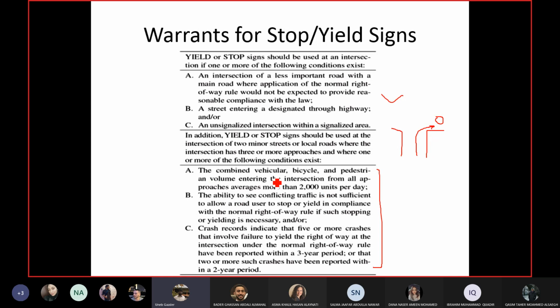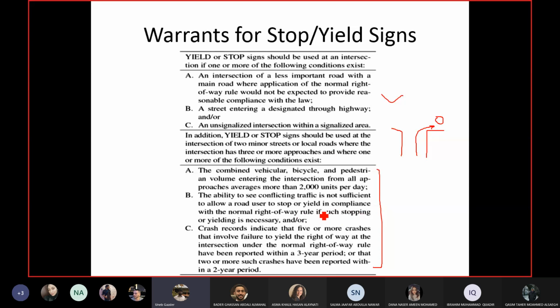The combined flow or the combined volume entering the intersection from all approaches is more than 2,000 units per day, combined including vehicles, bicycles and pedestrians, everybody. The ability to see the conflicting traffic is not sufficient to allow road users to yield in compliance.